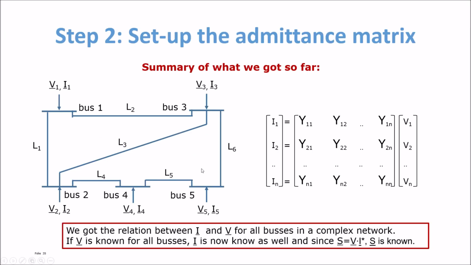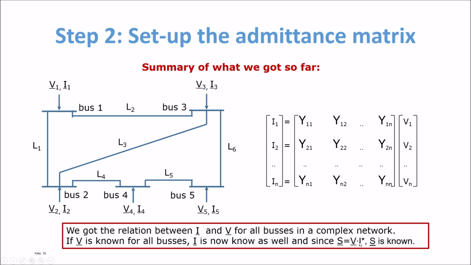What we have got so far for a given network is the admittance matrix, which shows the relation between the voltage at the buses and the currents through these buses. If the voltage is known for all the buses, the current is known, and since voltage and current are known, we also know the apparent power S, which is equal to voltage times the complex conjugate of the current.